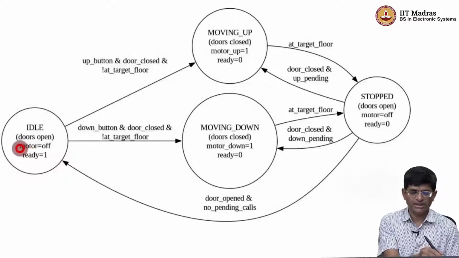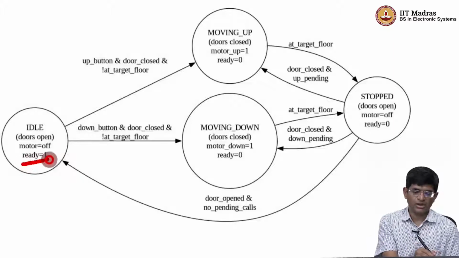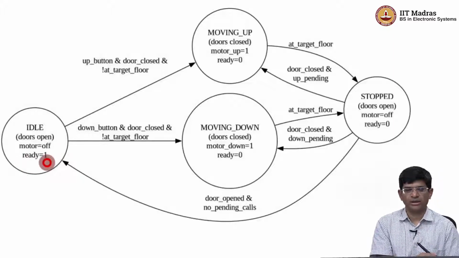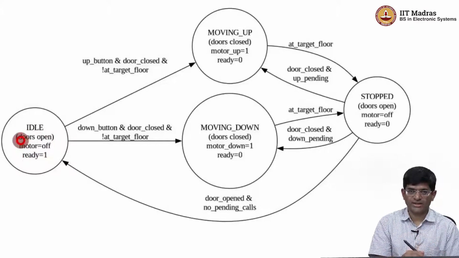Similarly, the motor is expected to be off while we are in the idle state, because idle literally means you are not moving. And also the ready signal becomes equal to 1. This is probably used as some kind of an indicator to show that the lift is stationary and ready to be called to some other floor. So these, in other words, are the outputs of the system. One of the things that you can notice over here is these outputs depend only on the state in which you are.